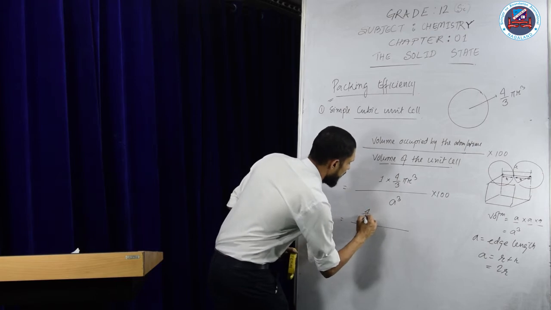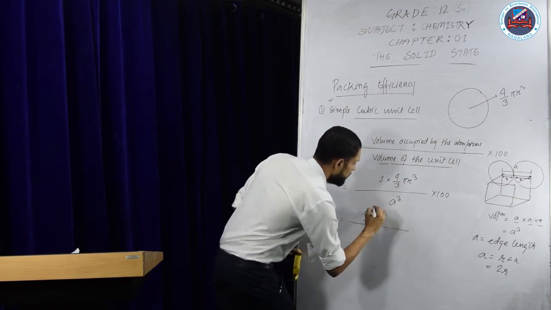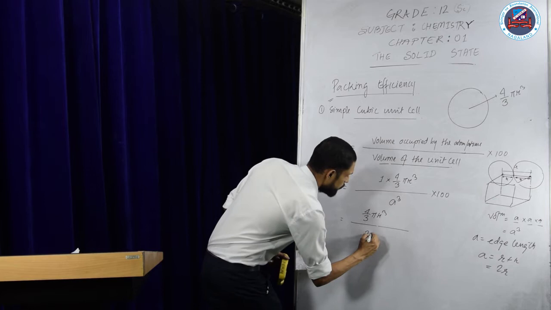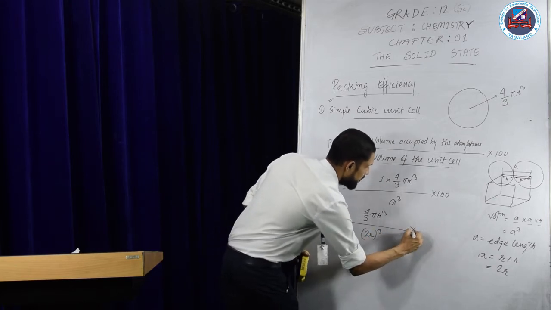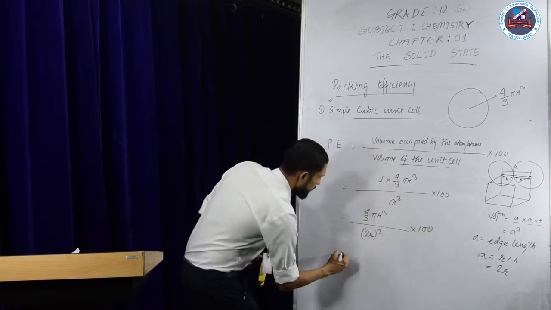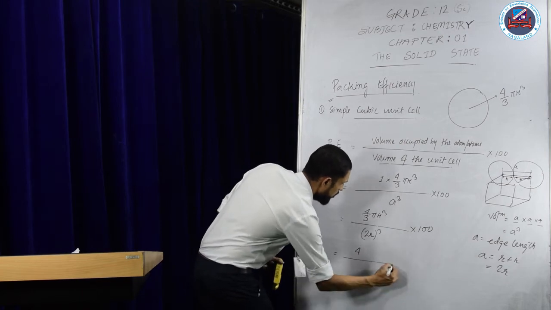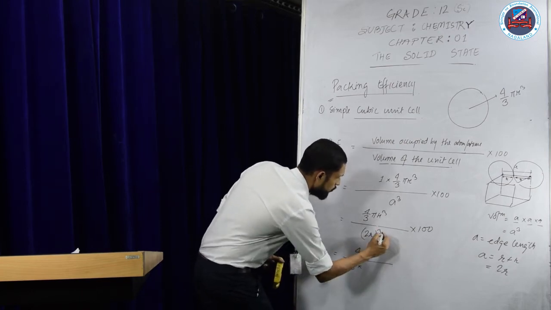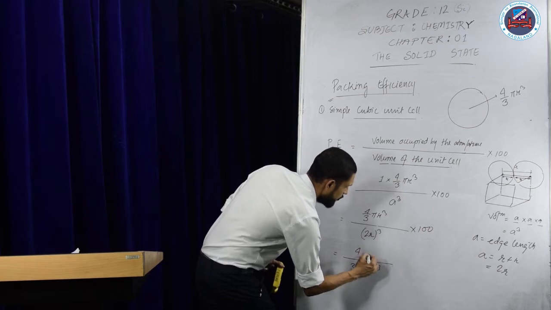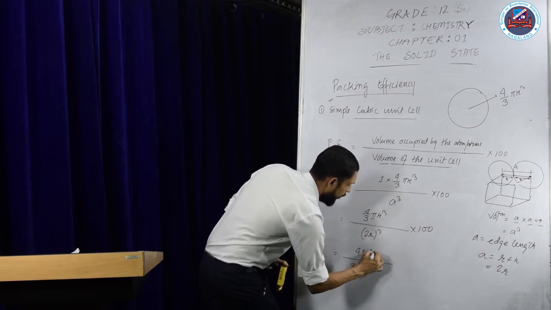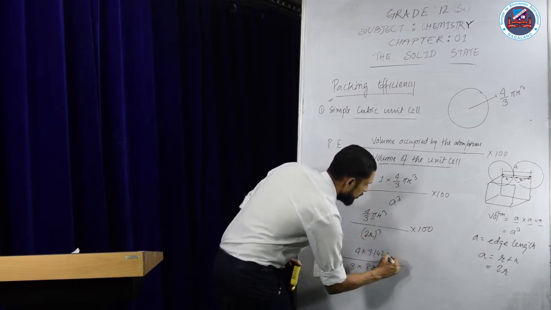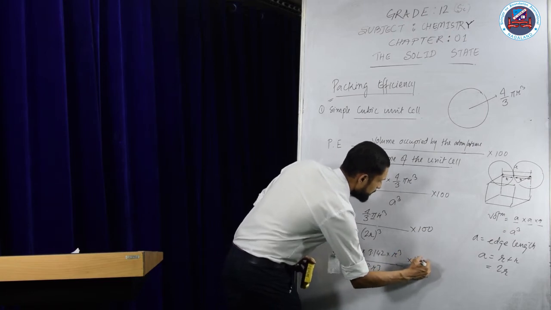So in place of a, we can write 2r. So it's 4 by 3 pi r cube, a is 2r whole cube, multiplied by 100. So this will be 4 by 3, 2r cube is 8r cube, pi value is 3.142, r cube multiplied by 100.